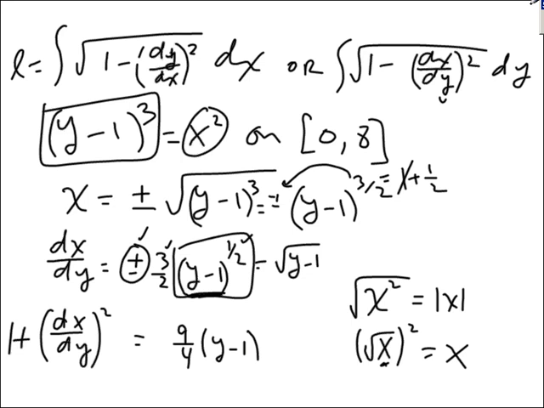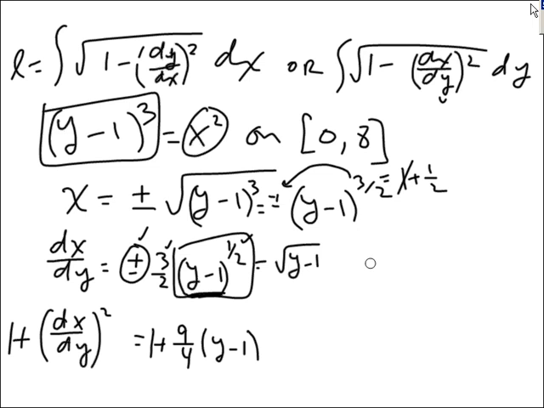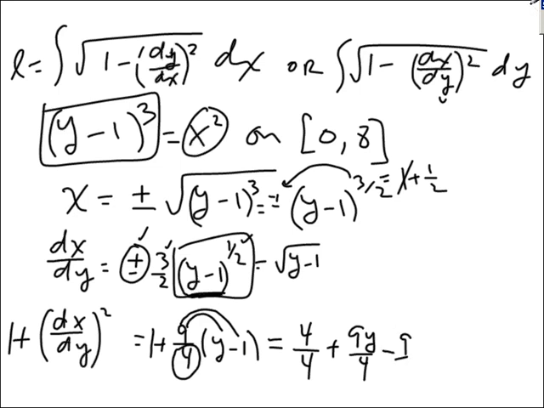Now, I want 1 plus the derivative squared. 1 plus... Now, think of the one that I just wrote on the right-hand side as 4 over 4. It's not always 4 over 4, but we keep ending up with problems with 4. It's 4 over 4 plus 9y over 4 minus 9 over 4.